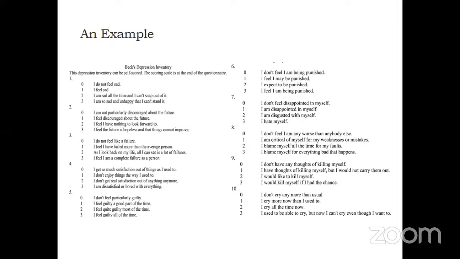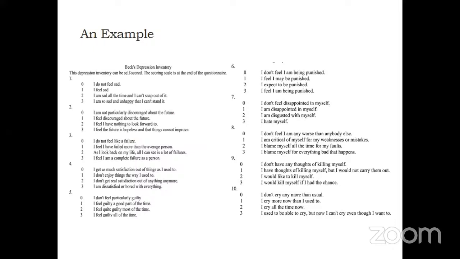So maybe the first person chose the fourth option, that is, I would kill myself if I had the chance, and got a score of 3 here. And maybe the second person did not choose this particular option.